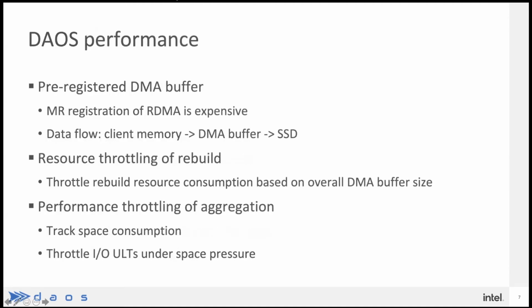We also did a lot of work to improve the performance of DAOS. Here we just list a few of them. The first one is pre-registering all the DMA buffers for RDMA. DAOS is using SPDK DMA buffers for RDMA.